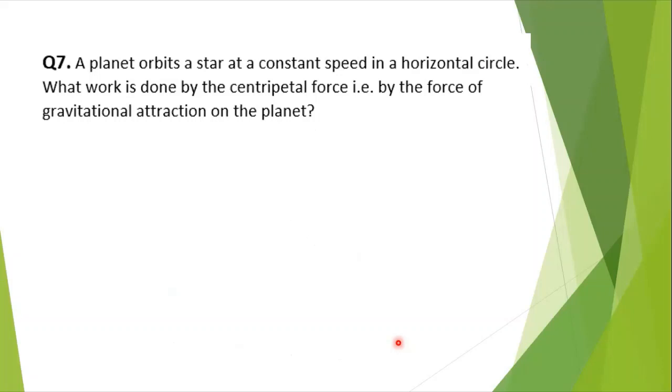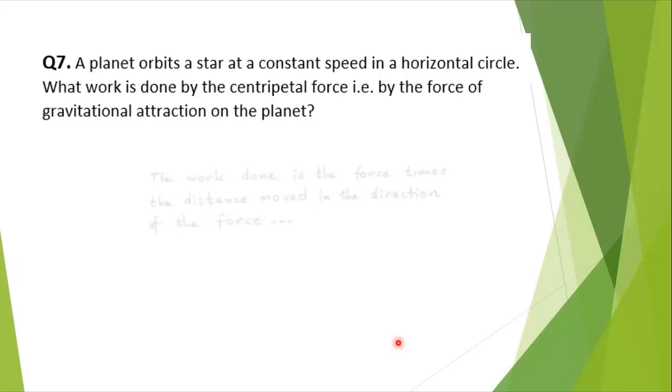Right. A planet orbits a star at a constant speed in a horizontal circle, essentially. What work is done by the centripetal force, i.e. by the force of the gravitational attraction on the planet, which acts towards the center of the star? Now, the planet does not move in towards the star in the direction of the gravitational force, which is the centripetal force.